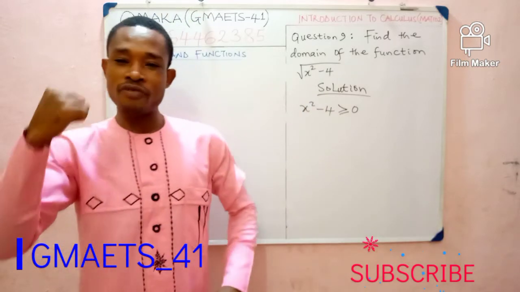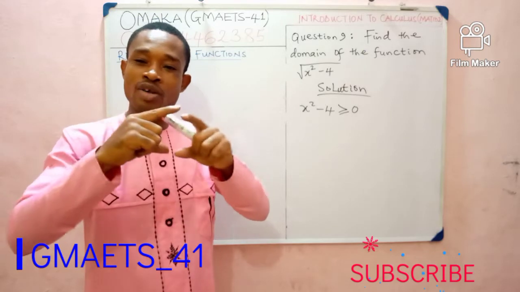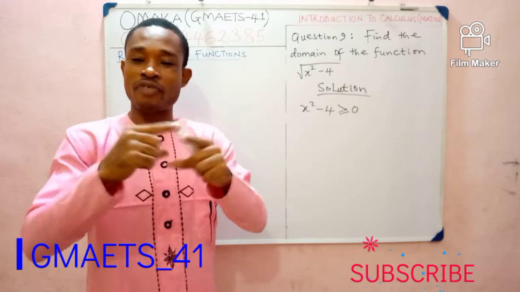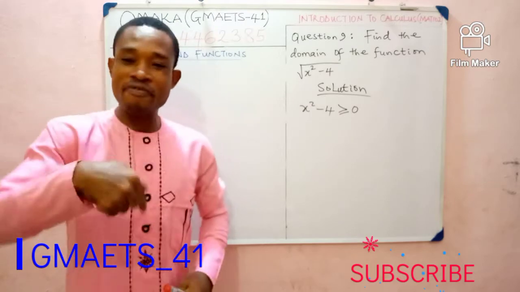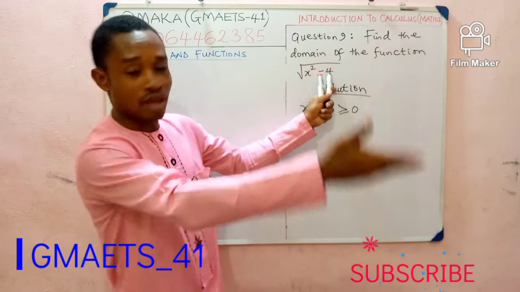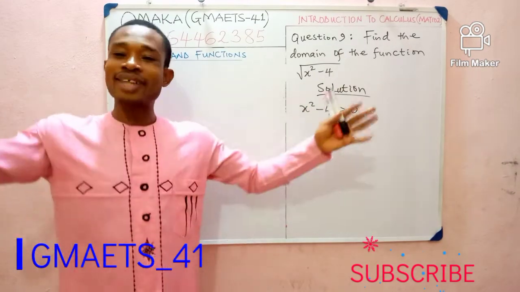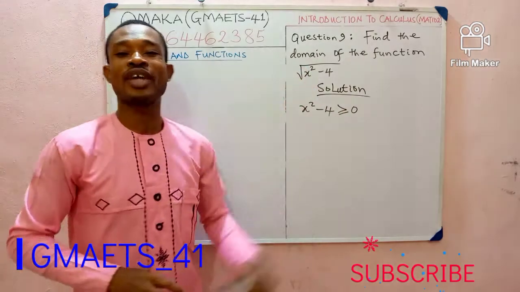In that previous question, we say that the domain are all numbers between those limits of x you obtained. But if the square of x came before the number, then the domain will be numbers outside the limit of x you are going to get here.